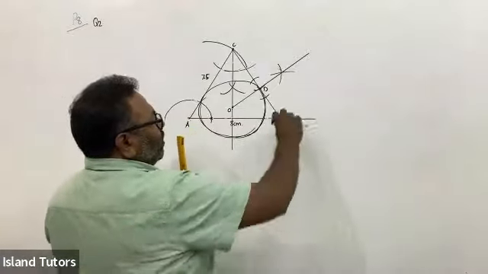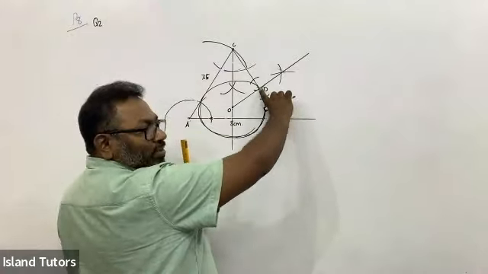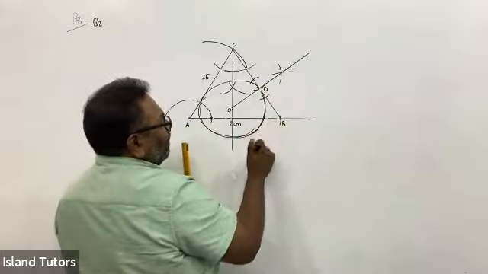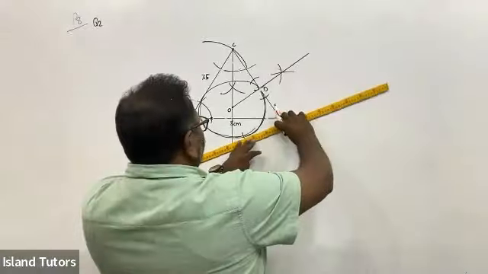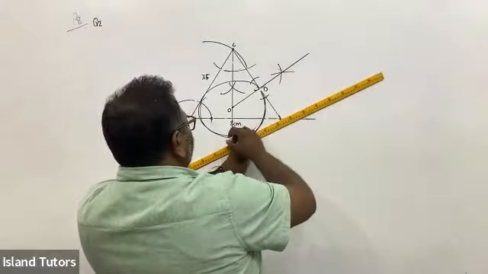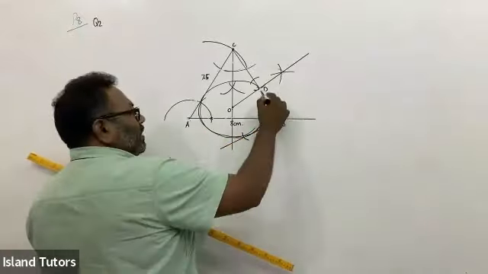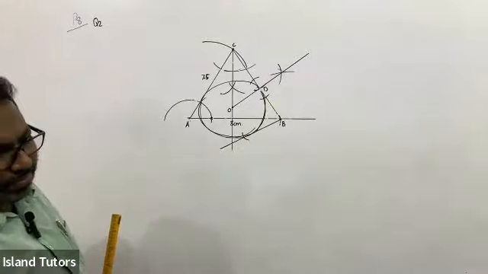So you take your compass, keep it on B and measure the tangent, how much this is here. Take it here and draw an arc and draw a straight line like this. So therefore, this and this tangent are equal.